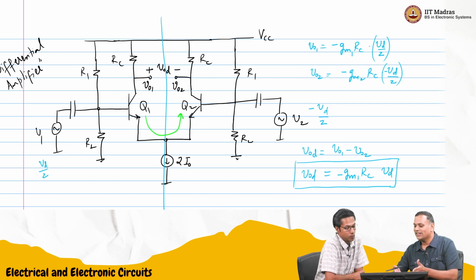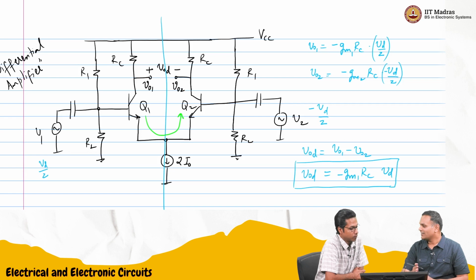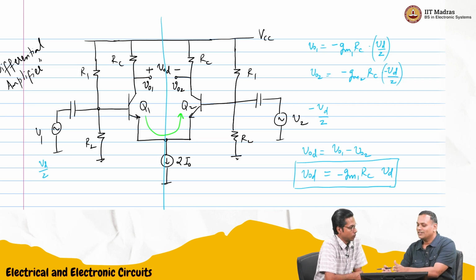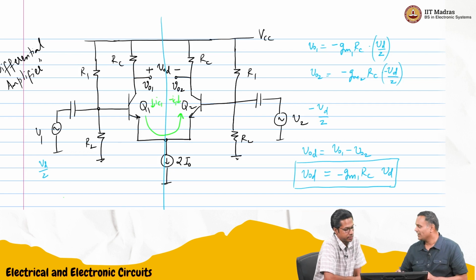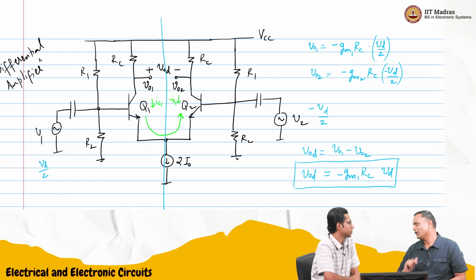So if you write down the expressions for the currents and voltages, if you give VD by 2 and minus VD by 2, all the voltages and currents on the left side will have a certain sign and magnitude. All the voltages and currents will have the same magnitude, opposite direction. So if this current is small ic1, this current will be minus ic1 flowing downwards, which is ic1 flowing upwards.